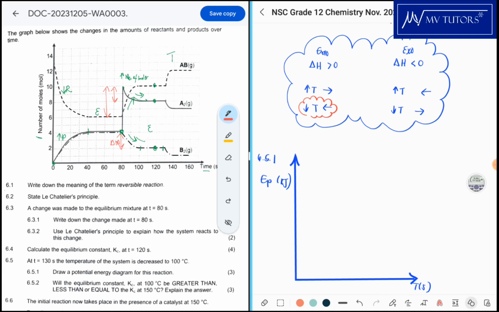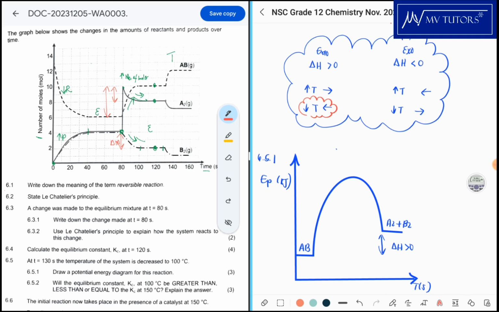So basically, it's going to look something like that. Okay. And with that, we know that we have our reactant here, AB, and then there we have A2 plus B2. And the difference there really is the enthalpy, which we know is bigger than 0.